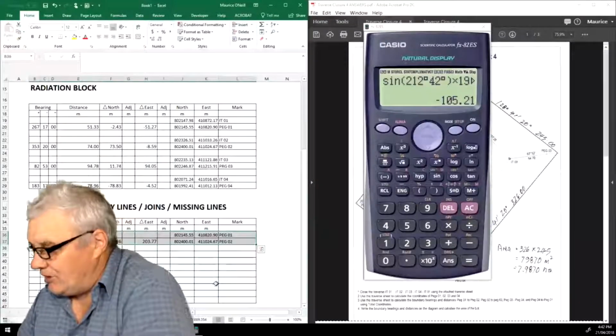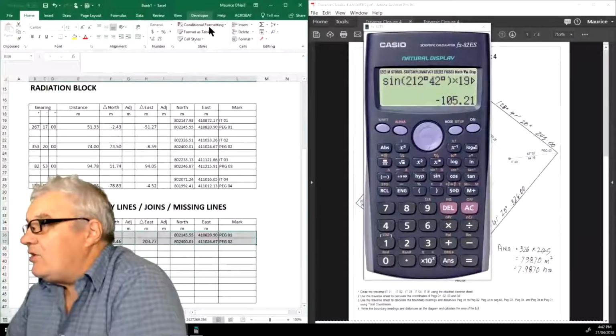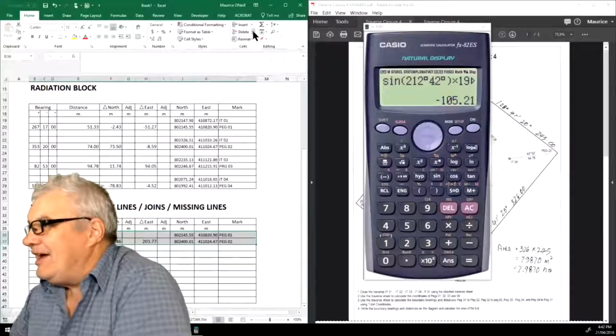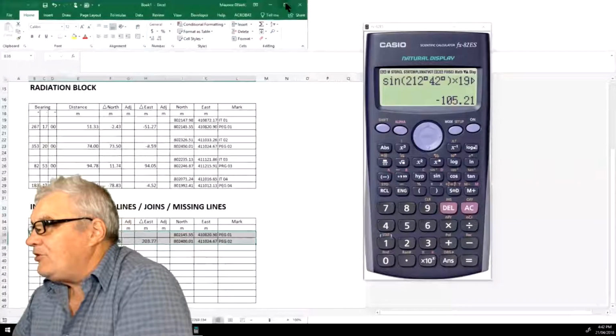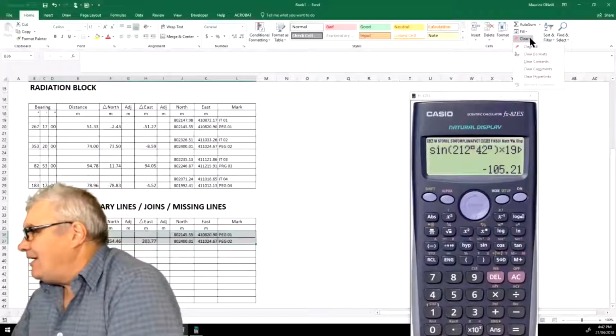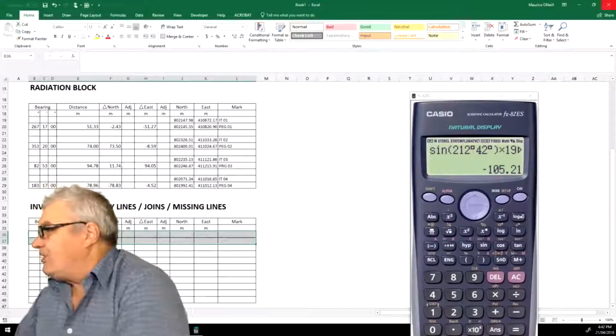Oh, I really want to clear that there. I'm just going to clear the contents of that in readiness. Insert editing. Oh, I might have to push this up here so that I can find where the clear is. Clear contents. Oh, I think that's all right.